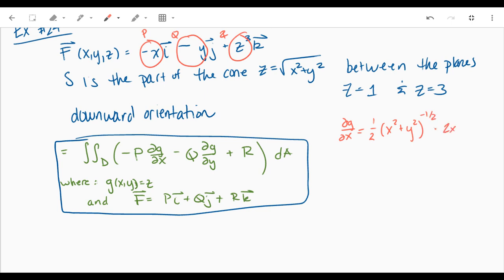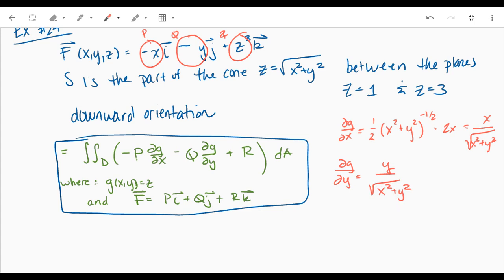Okay, so we'll have x over the square root of x squared plus y squared. All right, and then if we have dg dy, it'll be very similar, just y over the square root of x squared plus y squared.